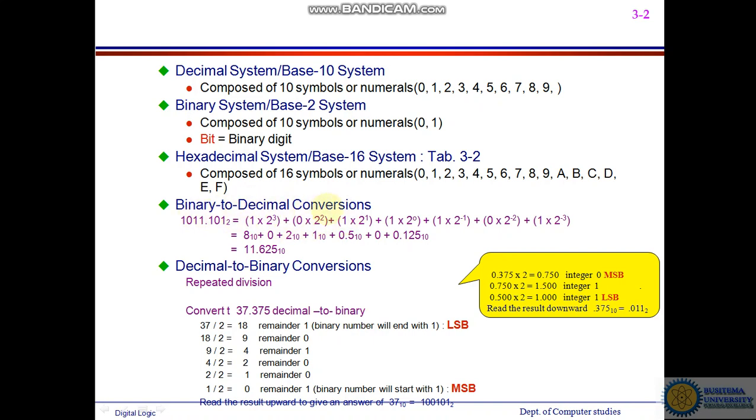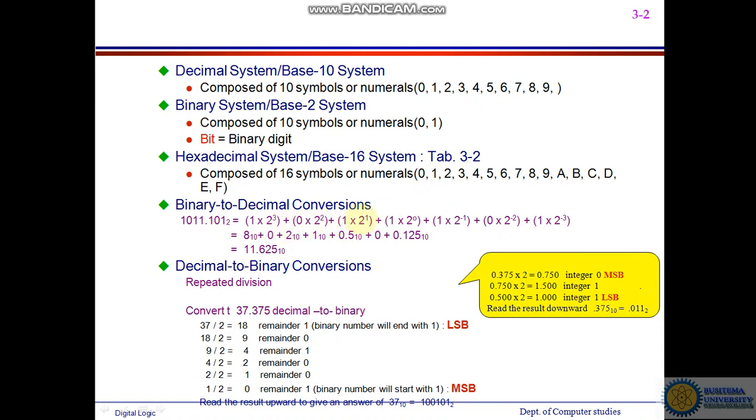So binary to decimal. We have 1, 0, 1, 1.101 base 2, and we want to take it to decimal. So this is base 2 to base 10. We write 1 times 2, plus 0 times 2. 2 is the base, that's why we are multiplying by 2.